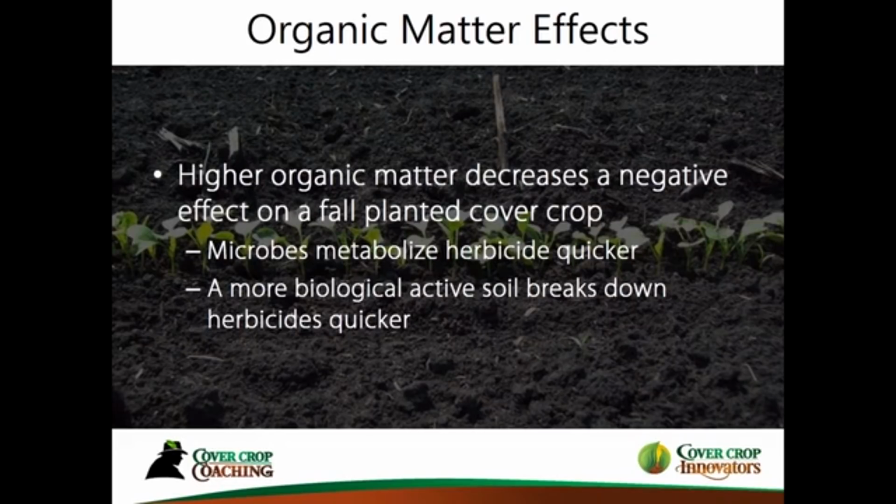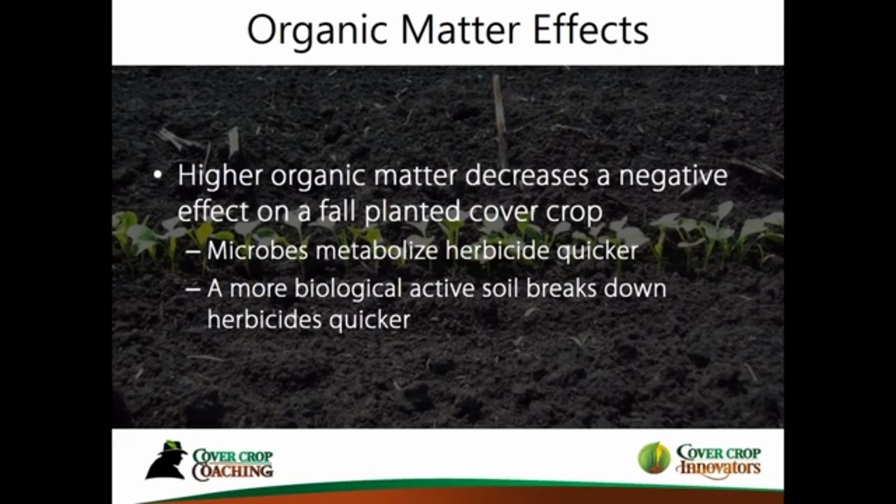But what's kind of an interesting dynamic that seems to occur is that when you have a higher biologically active soil, it'll break down that herbicide quicker. So again, I just see that as an interesting dynamic to keep tabs on, in how we manage our herbicides as we evolve down the road of our cover cropping system.